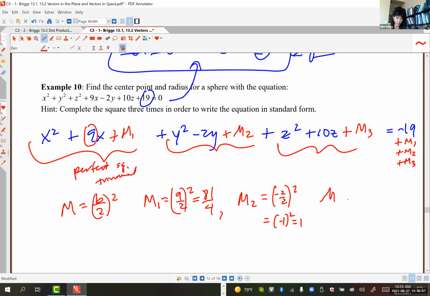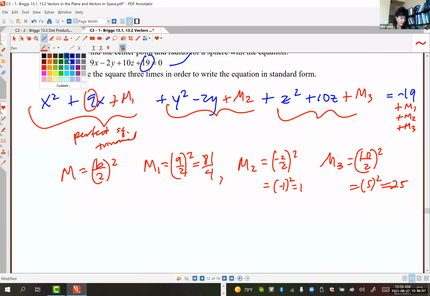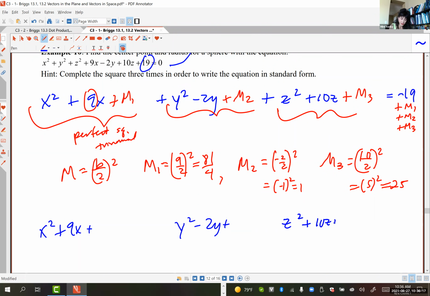And then M3 will be 10 over 2 squared, but that's 5 squared, which is 25. So now the intermediate step, let me just cue things up. When I add the 3 magical mystery numbers to both sides of the equation, the equation will now look like this.